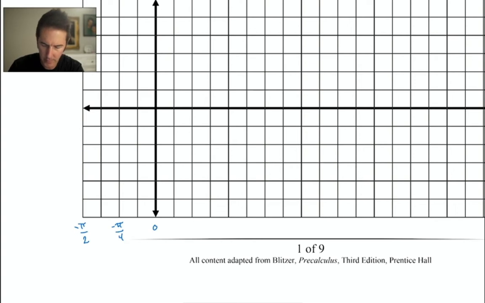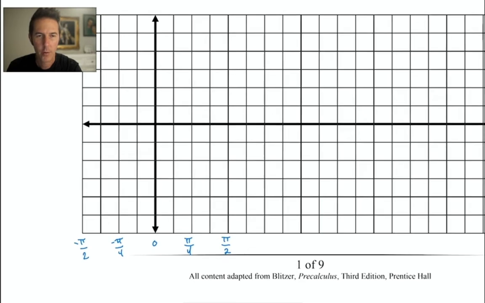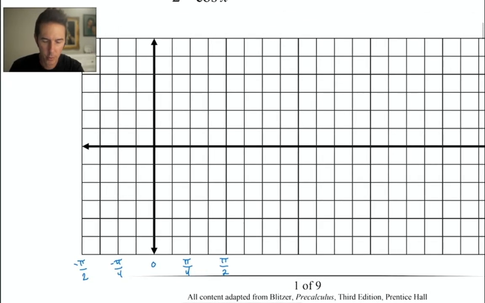The y-axis is obviously 0. To the right 2 boxes is going to be positive pi over 4, and 2 more boxes to the right is pi over 2. And then vertically, above and below the horizontal axis here, let's go up 2 boxes for positive 1, down 2 boxes for negative 1.